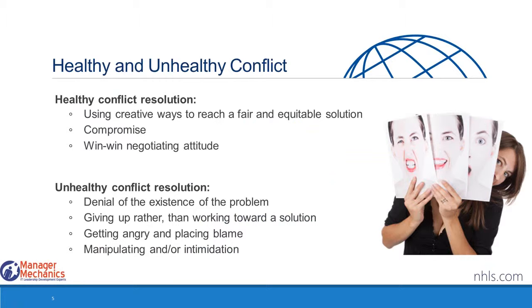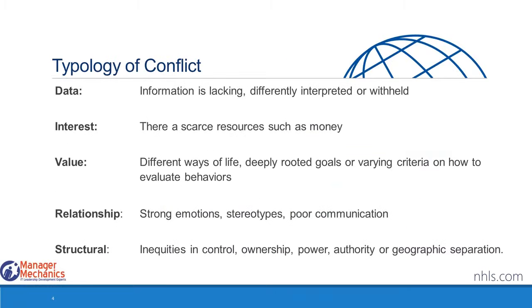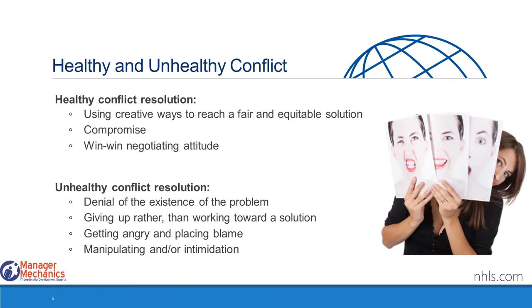Healthy conflict is basically like brainstorming, where I have one idea and you have another. Back to that point on value that I mentioned on the previous slide, I may say fixed price, and you may say, let's go with time and materials.